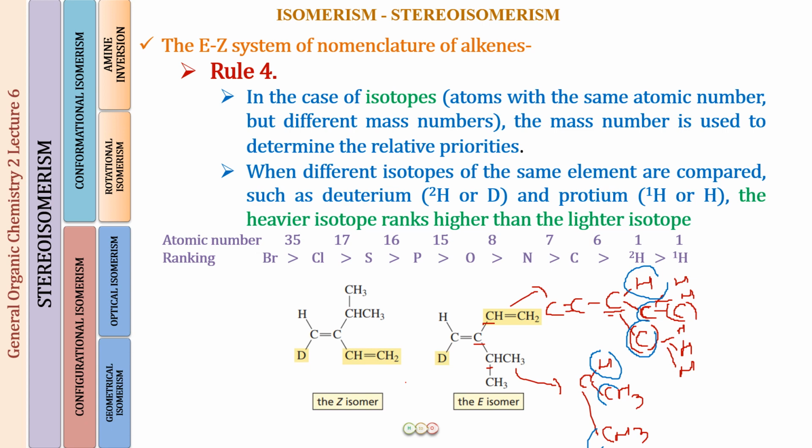When we move further, now what you can see is that this is a H, H and C. Okay. So out of these two, which is going to be a higher priority? This is going to be this group. So we have a carbon here. Here what you can see, these are all hydrogens. So the group which is going to be of a higher priority is this at the third level.